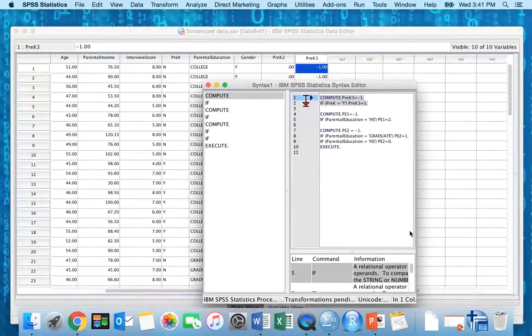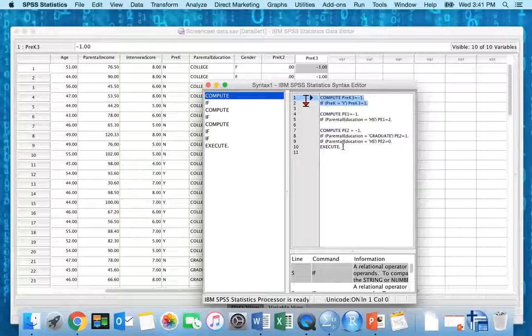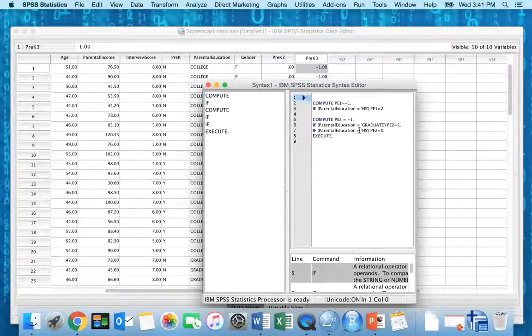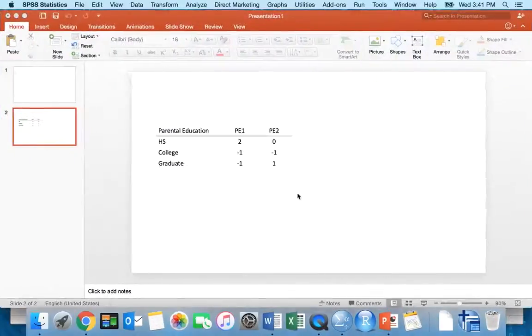So we'll go to our syntax, and we're going to have to create 2 different variables. Okay? So we can forget about pre-K for now. Don't let that confuse you. We're going to create 2 different predictors, and I'll call them PE1 and PE2 for parental education. So what does that look like? Well, let's compare parental education of high school versus the other 2 together.